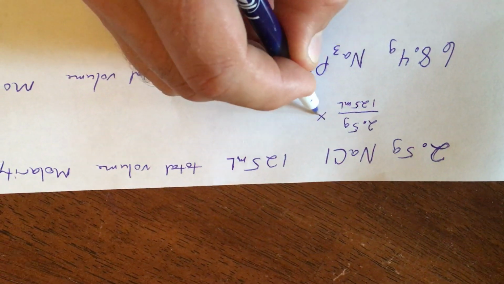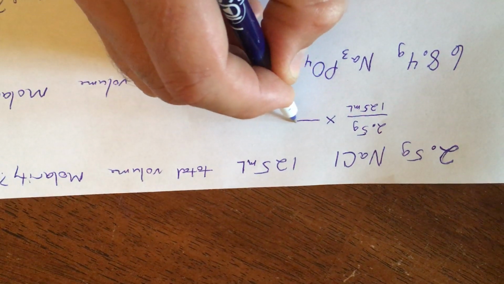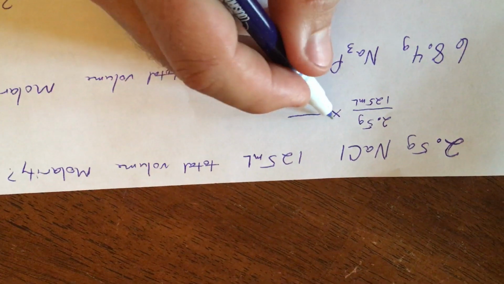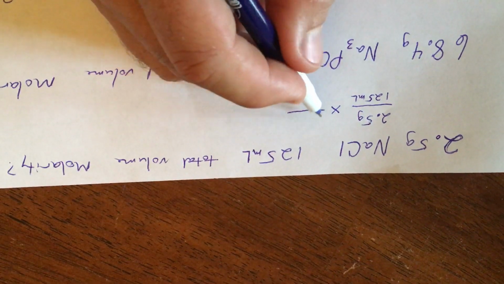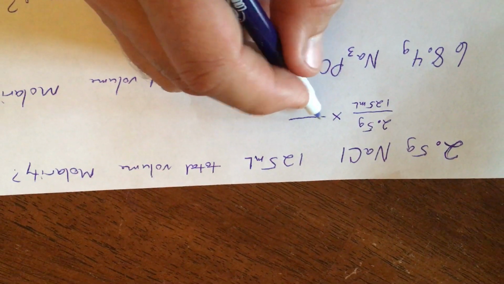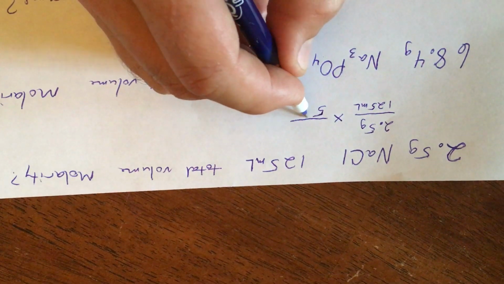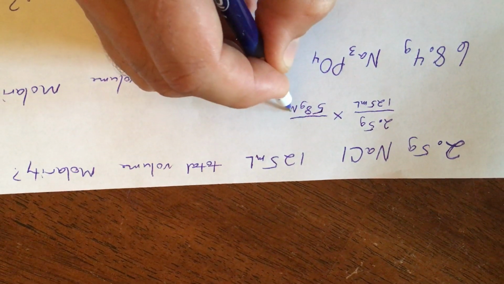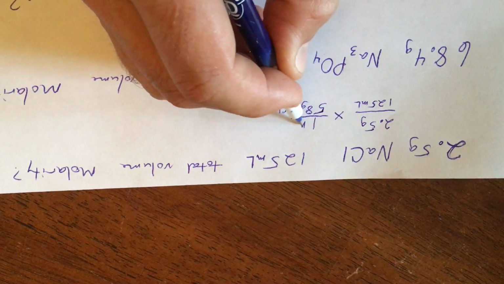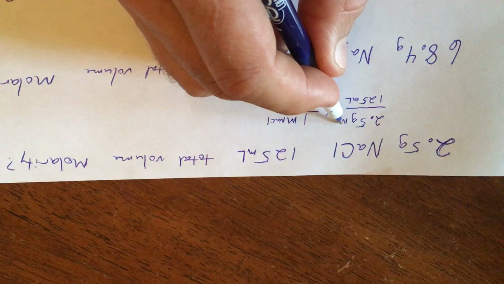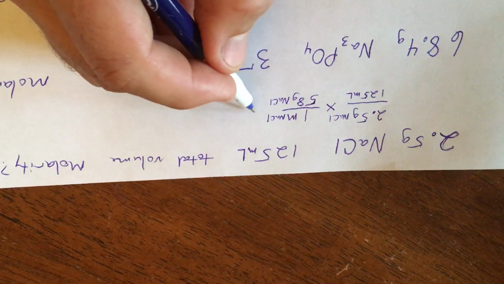Now, we need to get this in moles because we're obviously dealing with molarity. Sodium chloride, you're going to work with this so much you'll just remember it's 58 grams per mole. So I've got 58 grams of sodium chloride for every 1 mole, and this is 2.5 grams of sodium chloride.